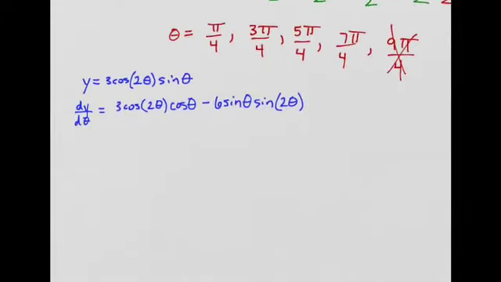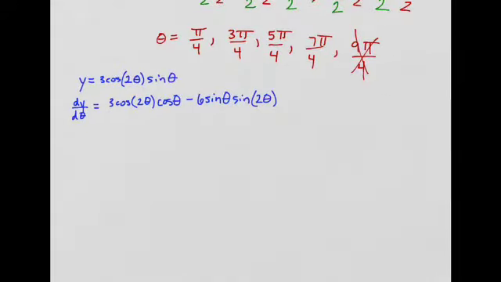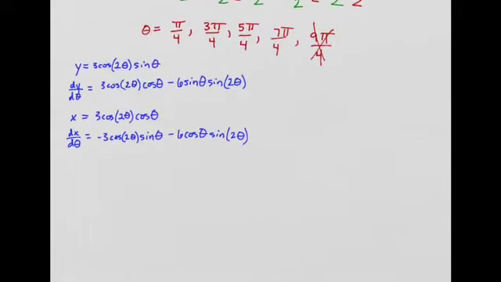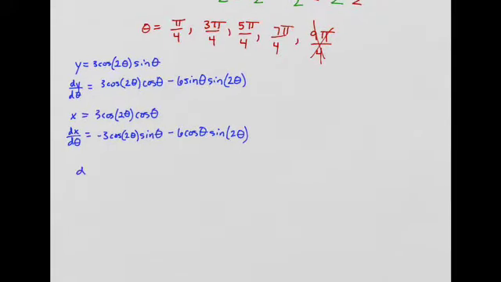So I wrote out y and took the derivative. Maybe you should pause it and try that for x. I'm going to do that for x and dx d theta. So there we go. Now I can actually get dy dx. That's just dy d theta over dx d theta. So I'm going to do that.